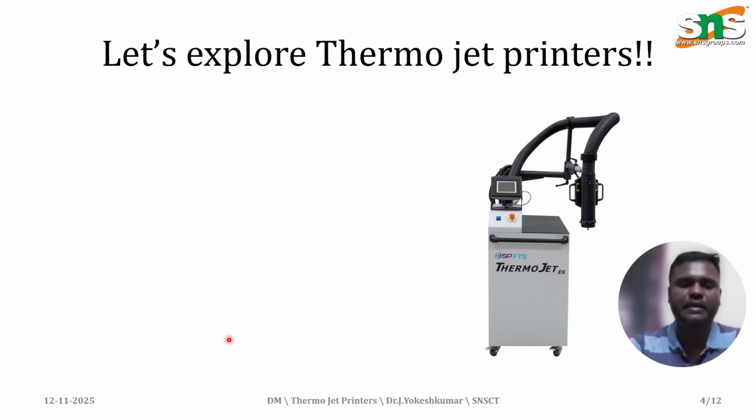Here you have a real photograph of a thermojet printer. It is used for industrial applications. It has a 3D printing head which is heated by means of heating coils, and that is used to melt the raw material, which is injected wherever we want. At the bottom we have a controlling element.